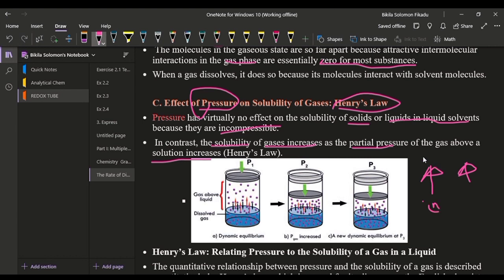Gaafa pressurein gaafa dabalaa deemu partial pressurein illee akkasuma dabalaa deema jechuudha. Yookaan immoo yeroo solubility of gasin, this is solubility of gas. Solubility of gasin gaafa dabalaa deemu the partial pressure of solution is what? Increase.